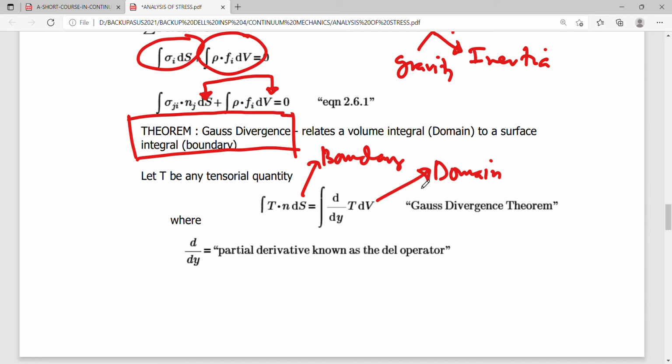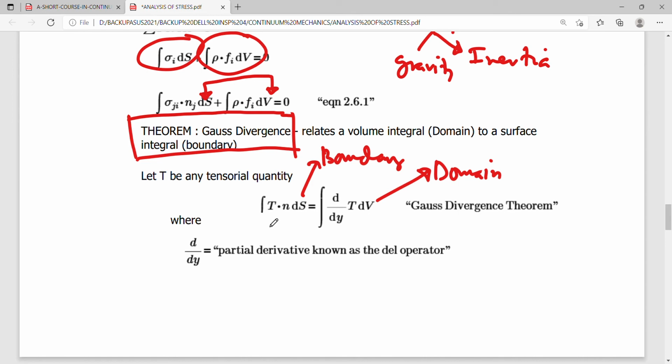You cannot exceed within the limits of the boundary, or else you are being inconsistent. Just like the limits of your property, you cannot exceed on the limits of your property. If your boundary is defined in terms of your perimeter boundaries, then the area, the domain of your area, the lot area will only depend on that limit. So this is what the Gauss divergence theorem is all about.